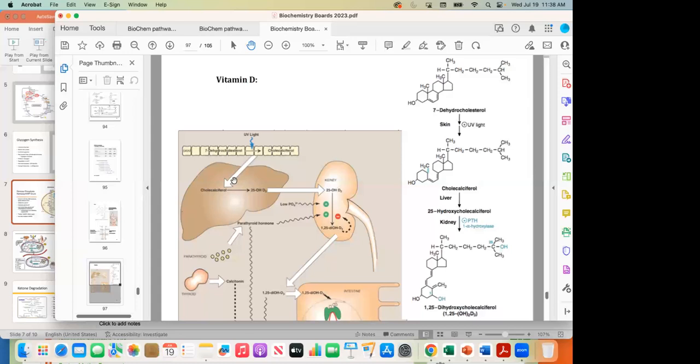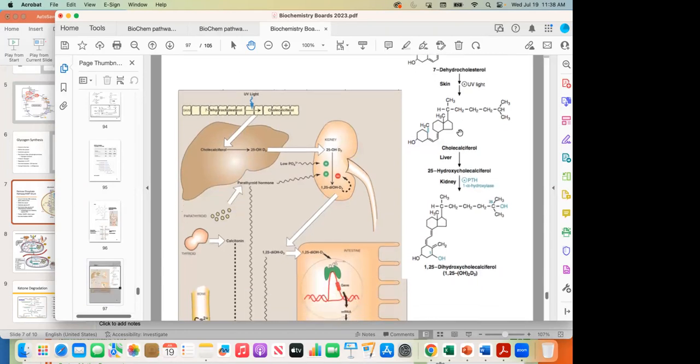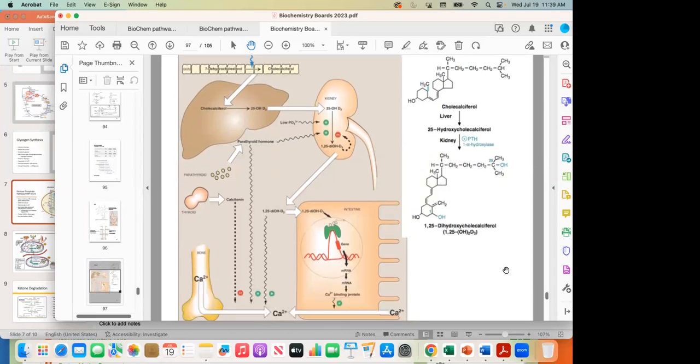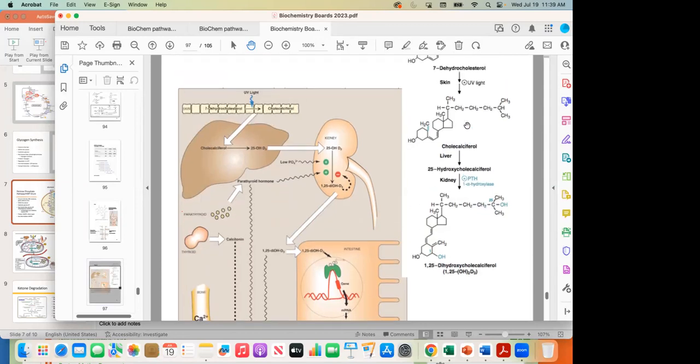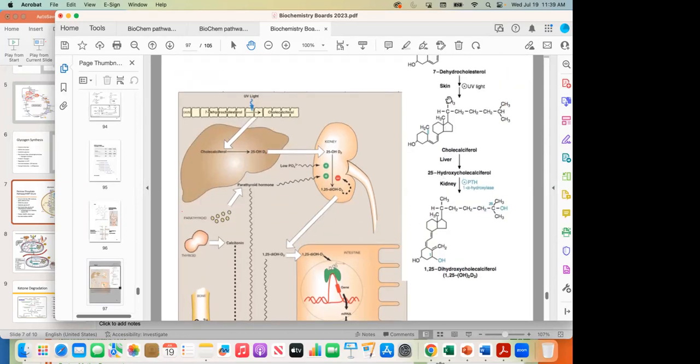That's then going to be absorbed, transported via circulation to the liver, where it's then converted into its 25-hydroxy D form or 25-hydroxycholecalciferol, which then will be moved from the liver to the kidney, where we can convert it into our 1,25-dihydroxycholecalciferol, which is essentially the active form, our actual usable form in the body. But we see there's 3 different organs or 3 different sites that vitamin D conversion takes.